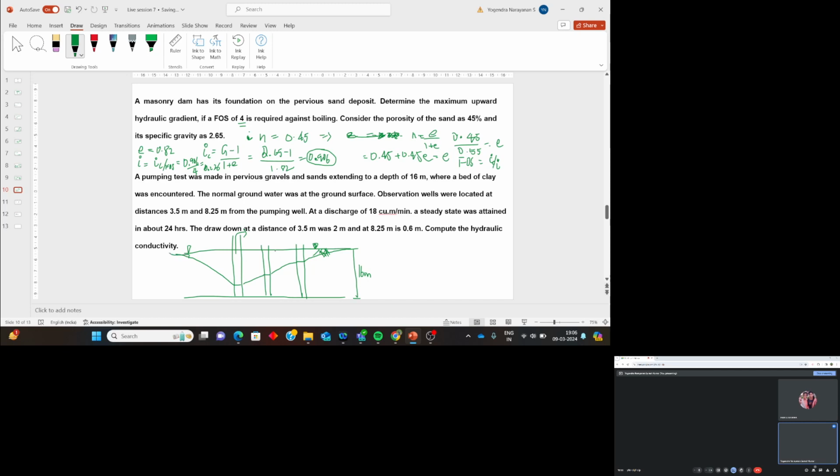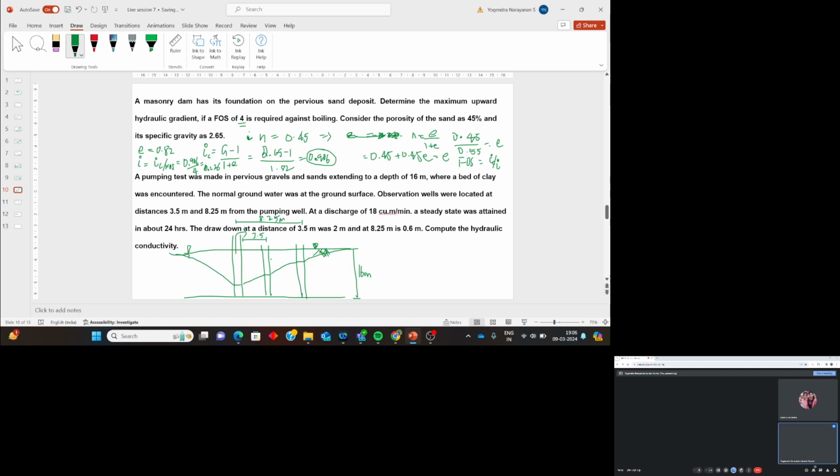Right. Now this drawdown at this point, this is 3.5 meters and this one is 8.25 meters.